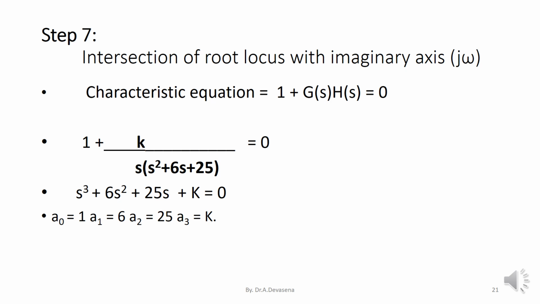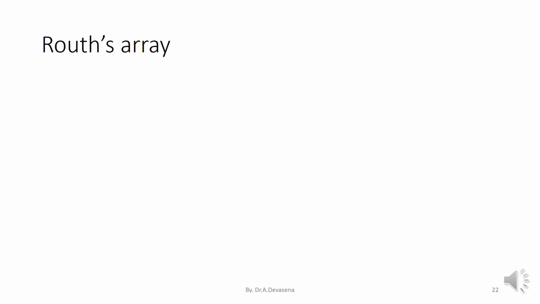Consider this equation and identify the values of a0, a1, a2 and a3. That is a0 is equal to 1, a1 is equal to 6, a2 is equal to 25 and a3 is equal to k.